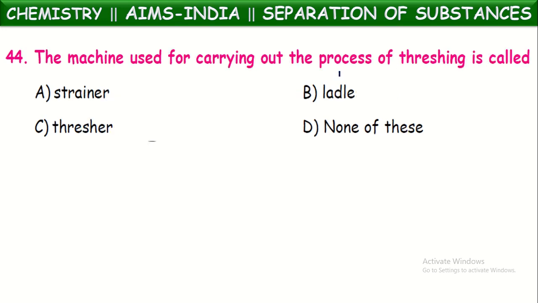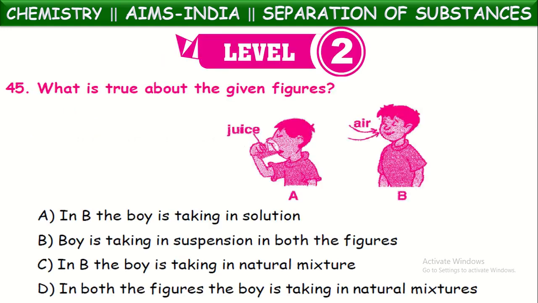Next one. The machine used for carrying out the process of threshing is called a thresher. Okay. Even instead of beating the stalks against hard rocks, nowadays they are using certain machines for that. That's called a thresher. Now let us see level 2 questions.